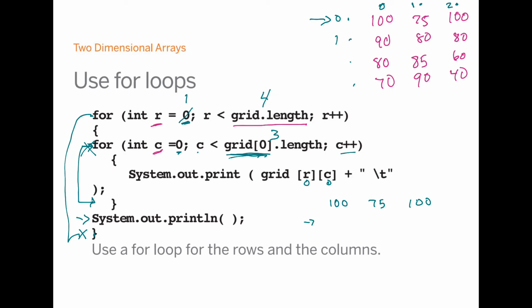So what is our value when c equals 0? In column 0, we've got a 90. In column 1, we've got an 80. In column 2, we have an 80. Once again, our c loop ends because we're at 3. So it's going to print a new line and go down here. And then this loop will begin again, but now r is 2 since it's incremented.